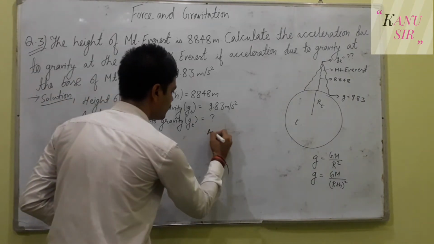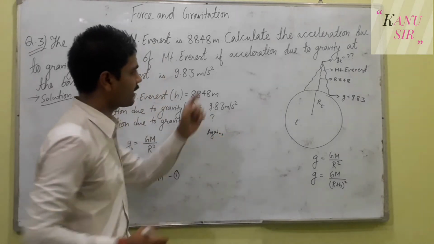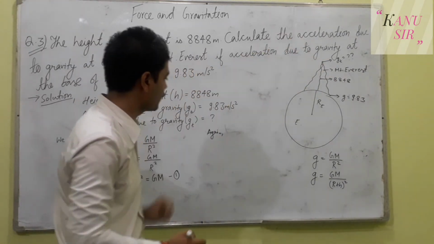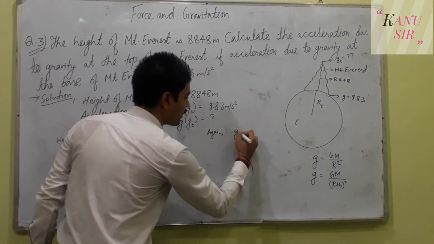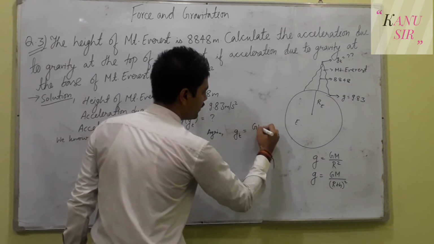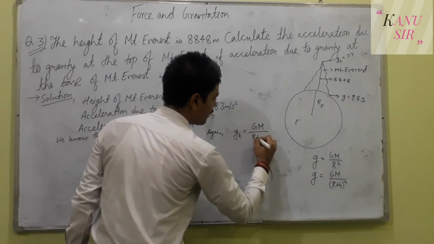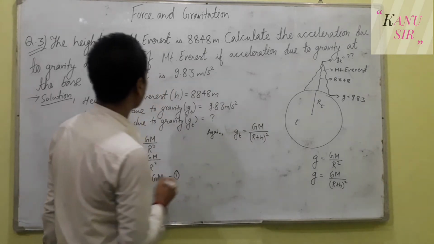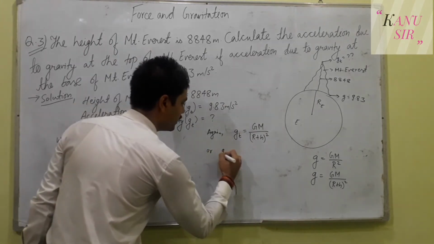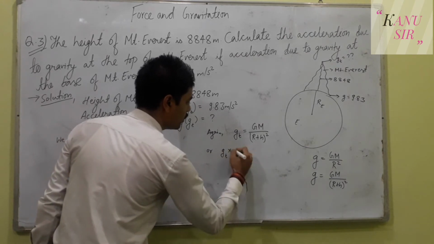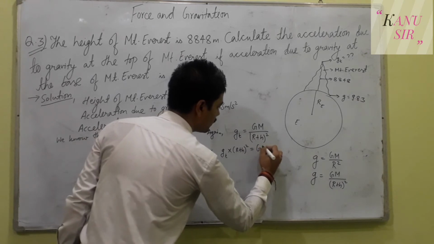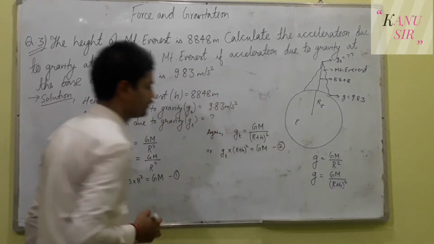Again, for the second case, for the acceleration due to gravity at the top of Mount Everest, we'll write g equals GM upon (r plus h) whole square, or g into (r plus h) whole square is equals to GM, equation number 2.